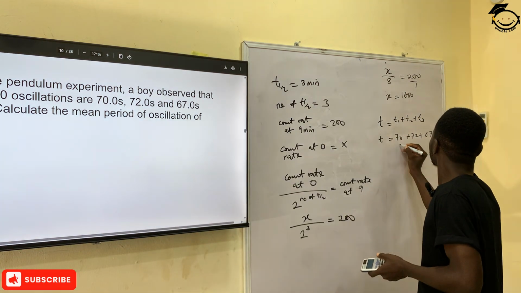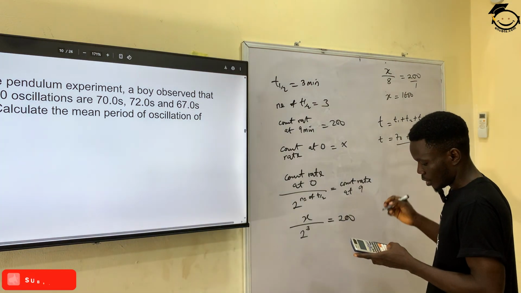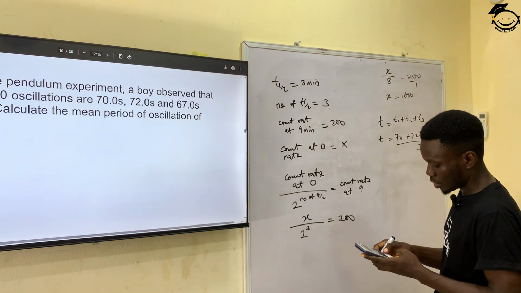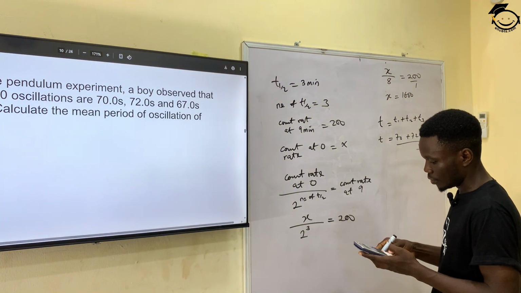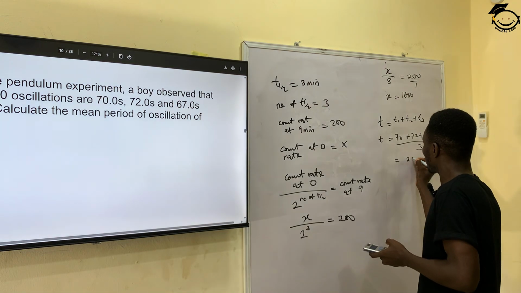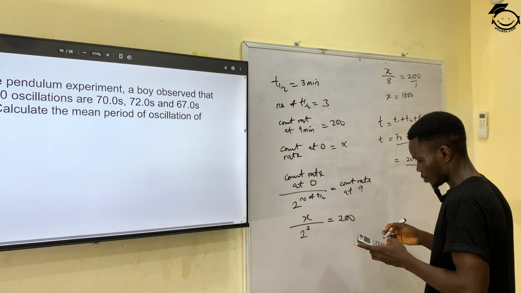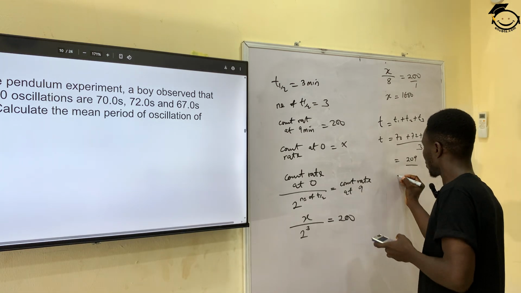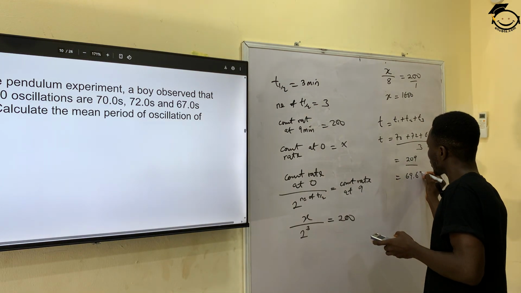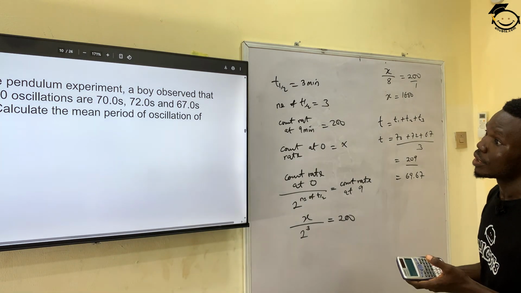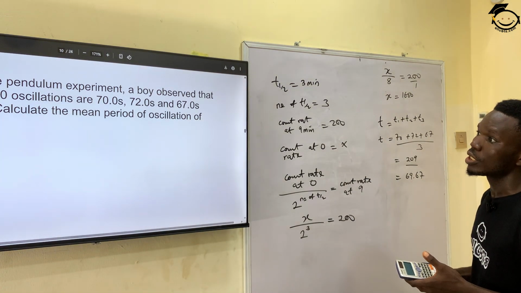So our mean time here is going to give us 70 plus 72 plus 67, divided by 3. So that will give me 209 divided by 3, which will give me 69.67. So that is the mean time for the oscillation.